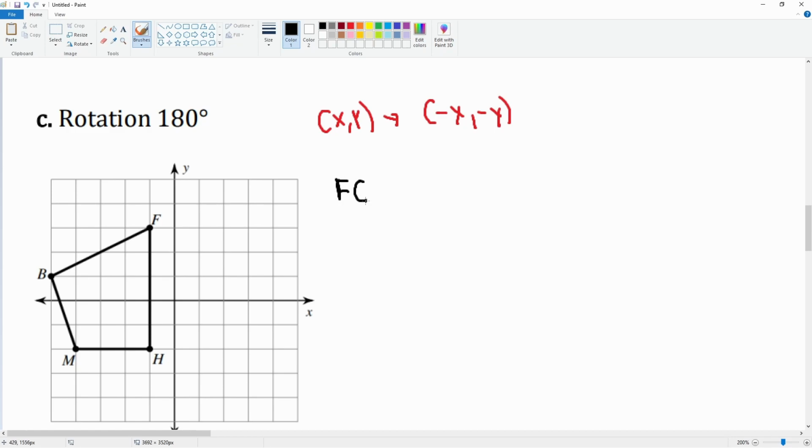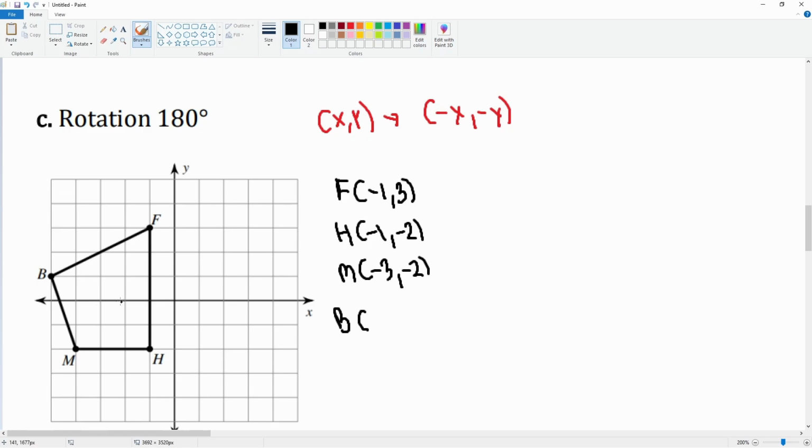F is negative 1 comma 3. H is negative 1 comma negative 2. M is negative 1, 2, 3, negative 3 comma negative 2. And B is 1, 2, 3, 4.